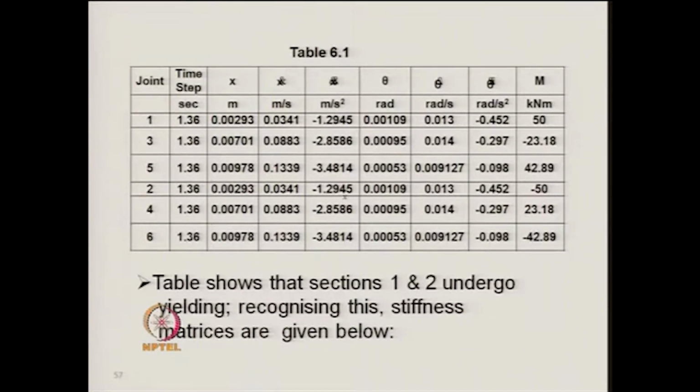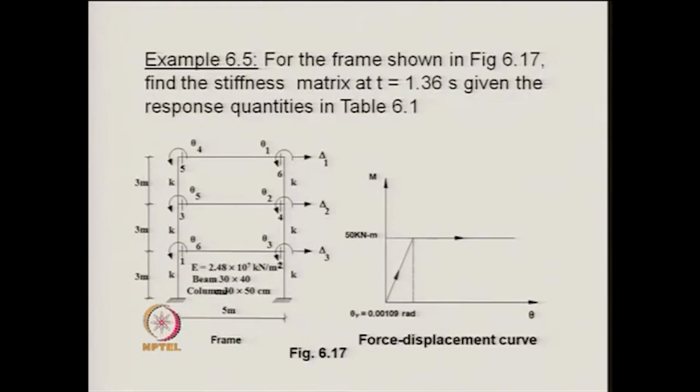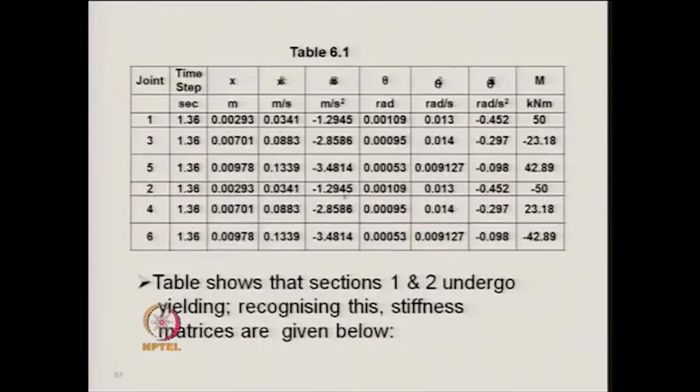So, these displacements are the displacement corresponding to the delta 1, delta 2, delta 3, and since in the left hand side and the right hand side these displacements are the same, that is if we assume the members to be inextensible, then those displacements are repeated over here: 0.00293, 0.00701 and 0.00978.